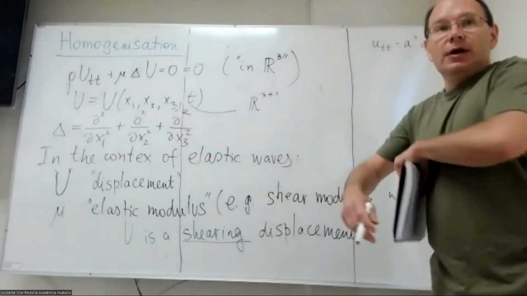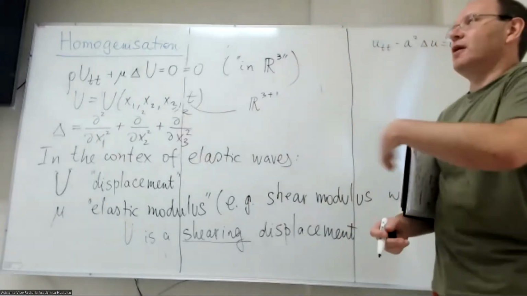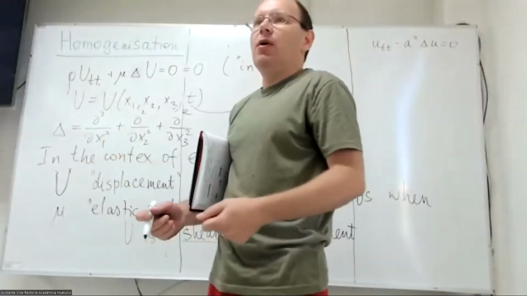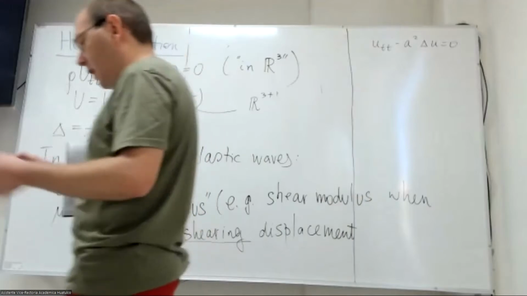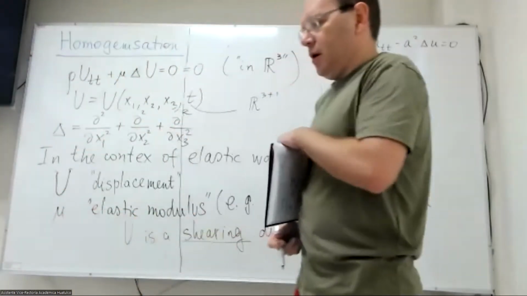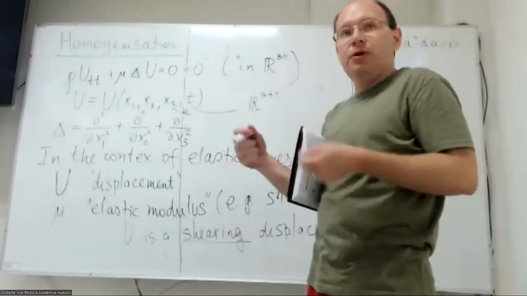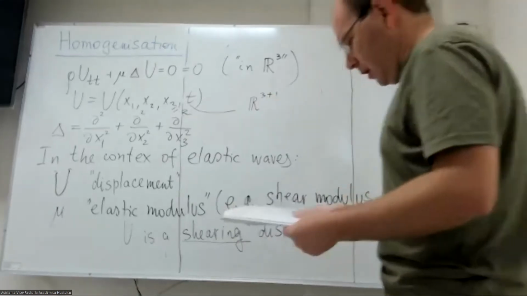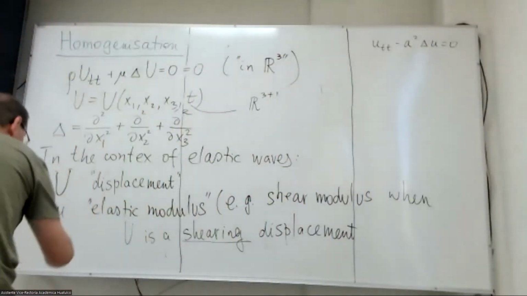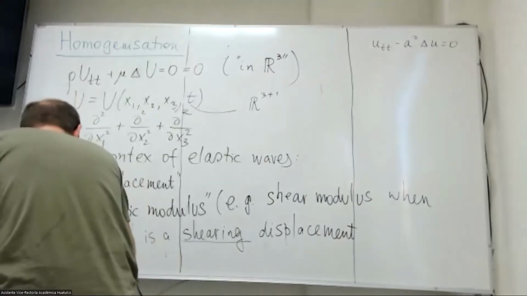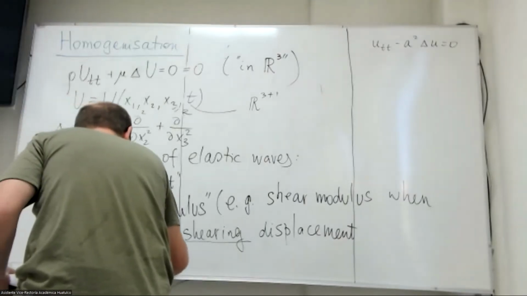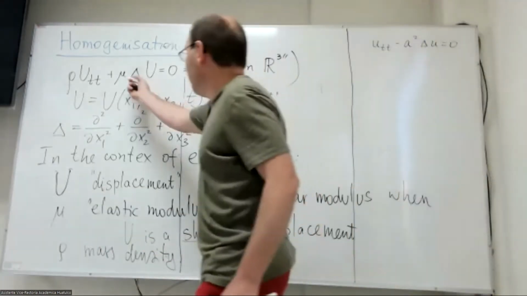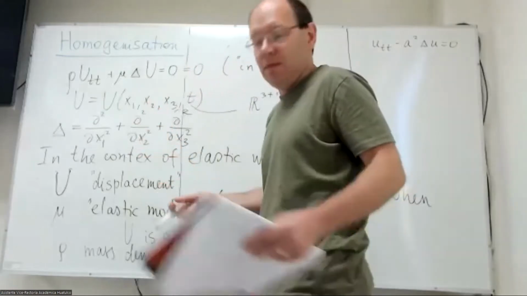The other constant comes in the form of the so-called Young's modulus, or the dilation modulus of a medium, things like that. So there are different ways of accounting for that second constant. And rho here in this context is the mass density. As I said, in other contexts, these constants may mean something else.